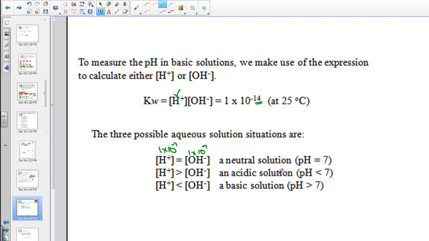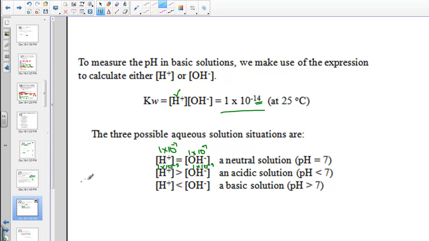What I look at down here is if it's acidic, let's suppose we have more hydrogen. If we have 1 times 10 to the negative 5th, what would the concentration of hydroxide be? Knowing that they always add to 14, we would have a negative 9th concentration of hydroxide, because their product is always the same number, 1e negative 14.